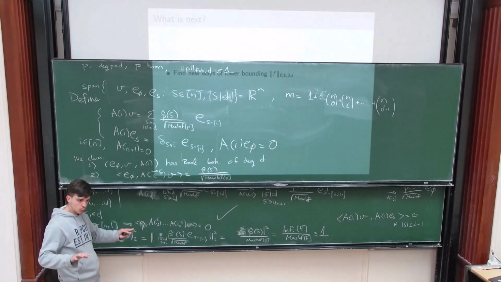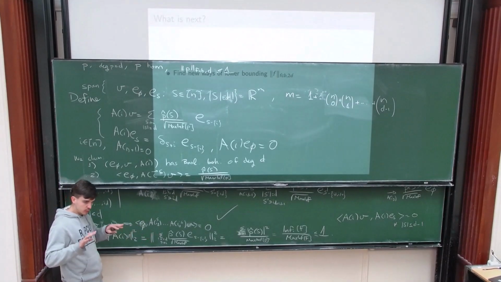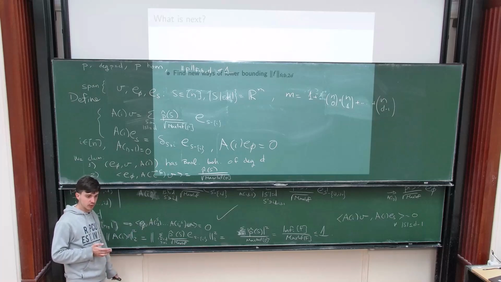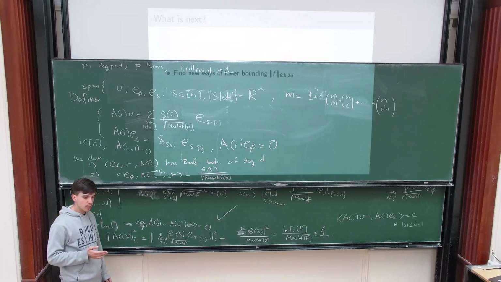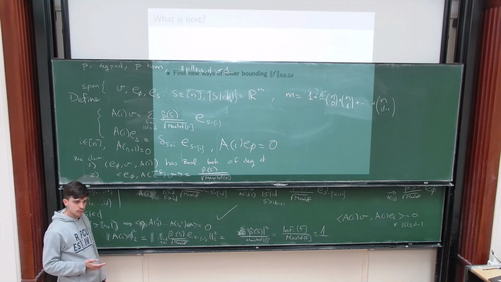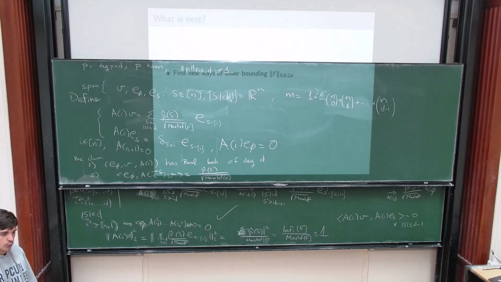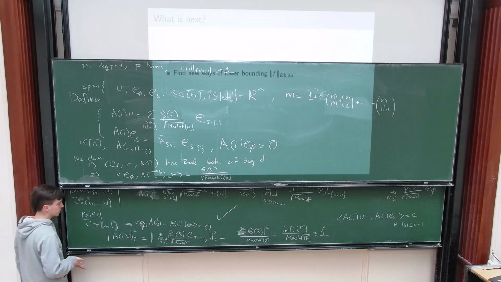For homogeneous polynomials, that is not a problem, because for homogeneous polynomials, that is the value of the coefficient. But for non-homogeneous polynomials, you might be missing some coefficients. For non-homogeneous, you get an estimate, but it's not the estimate you want. It's weaker than you want. You would not get the variance, you would just get the variance of the degree d part. It's a variance only of the top part.